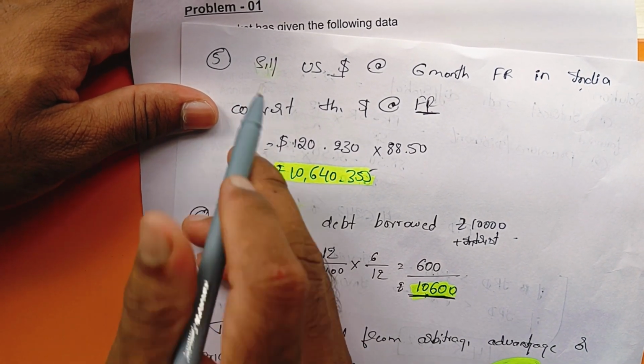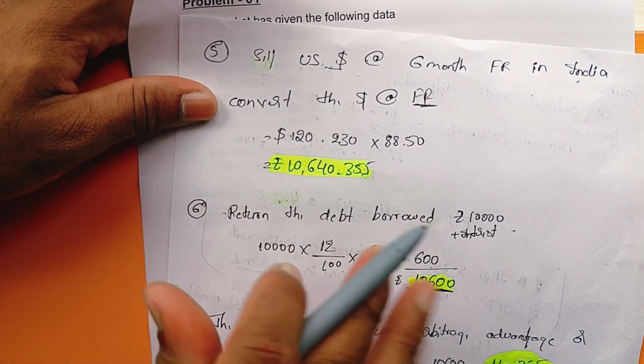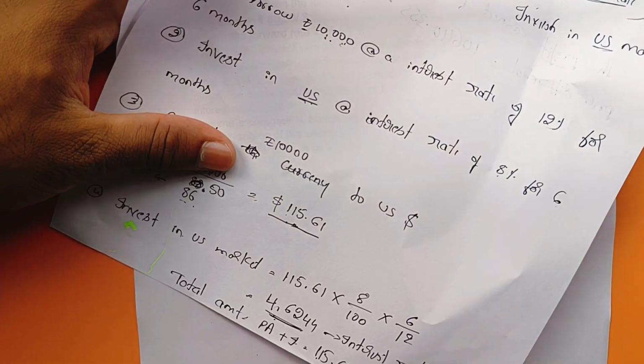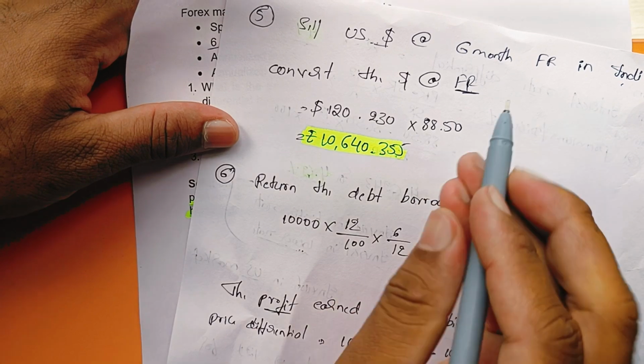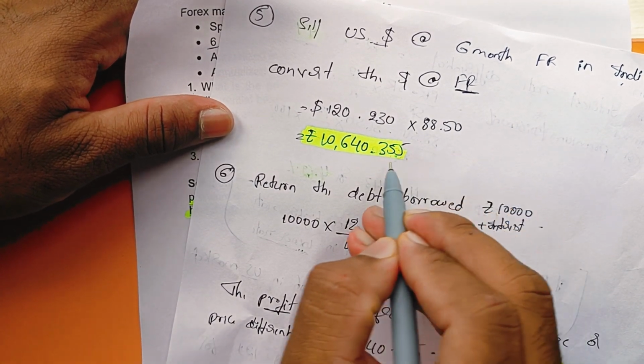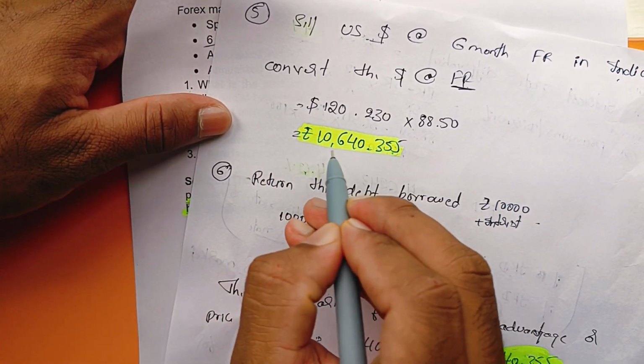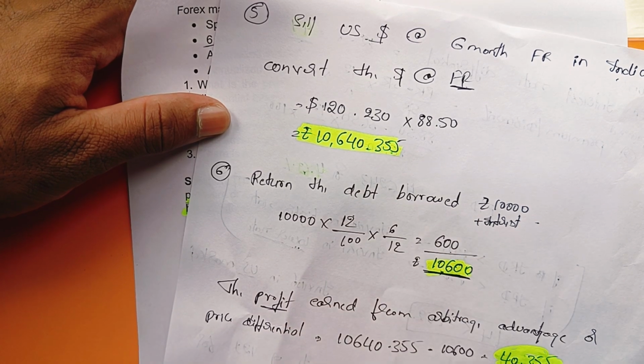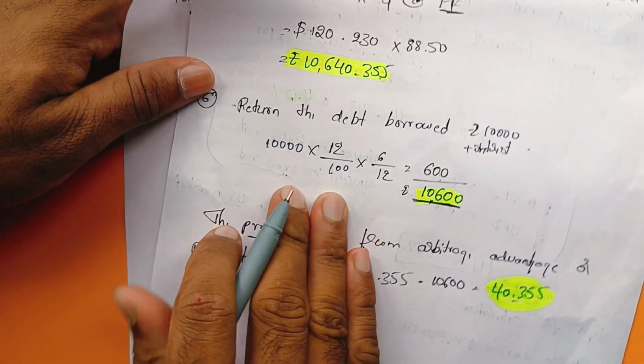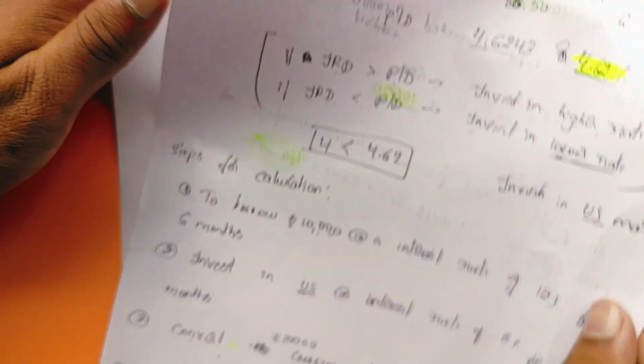Then the fifth step is to sell the US dollar. We have the total amount of 120.234. We are going to sell in the Indian market at the forward rate 88.50. Then we got a total amount of 10,640.355.